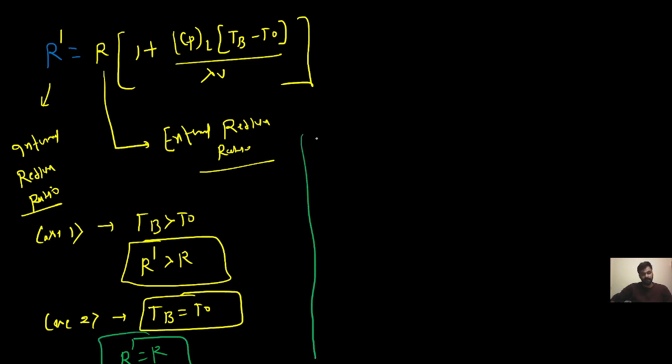And the next, third important point is if Tb is less than T naught. So what will happen here? The reflux is already below its bubble point.